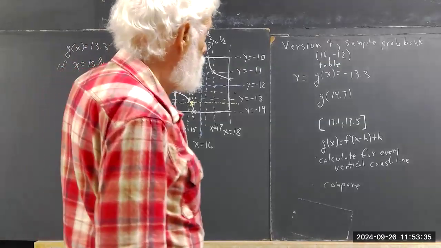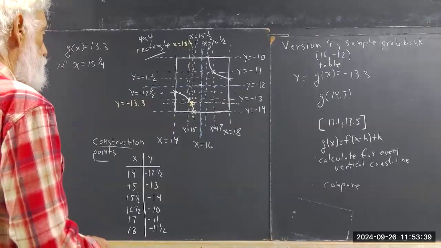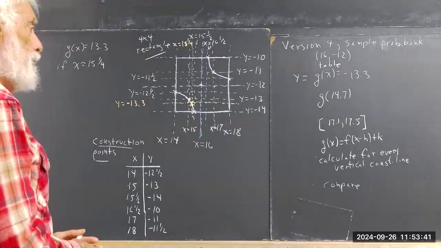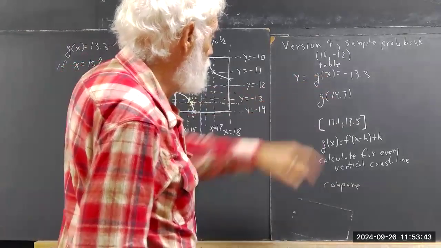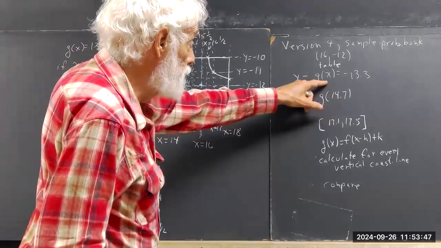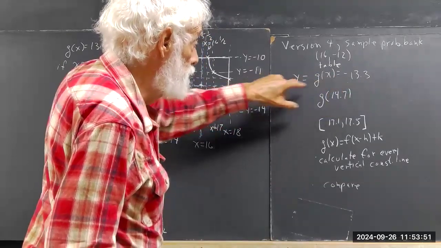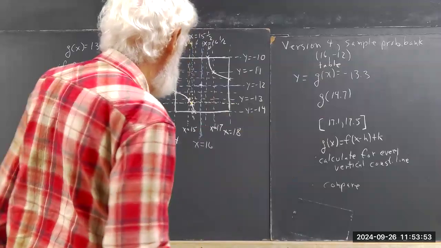Okay. Now we also want to find g of 14.7. What does that mean? Well, it means x has been replaced by 14.7. So 14.7 is an x, just like the negative 13.3 is a g of x, which means it's a y. This is an x.